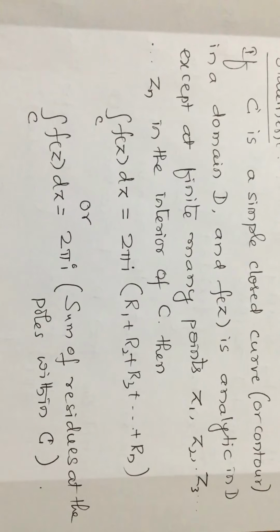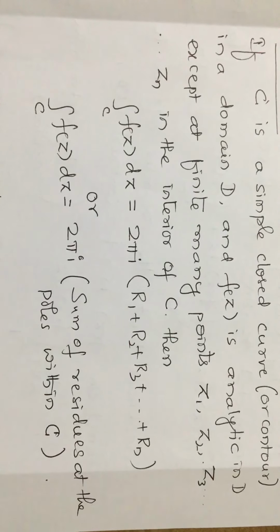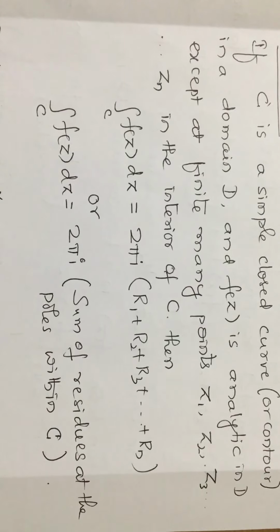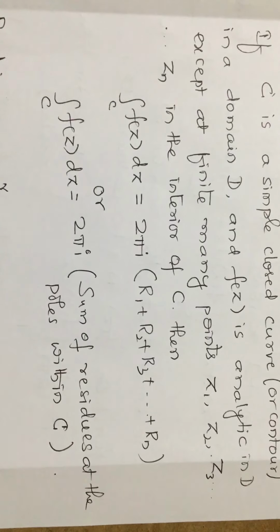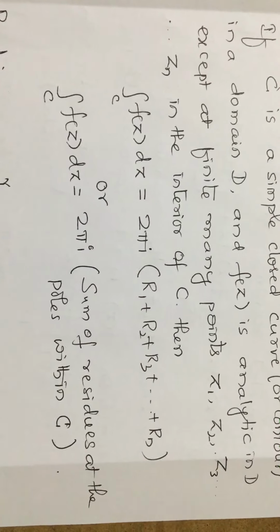We can represent it as: the contour integral of f(z) is equal to 2 pi i times the sum of residues at each pole within the contour C.